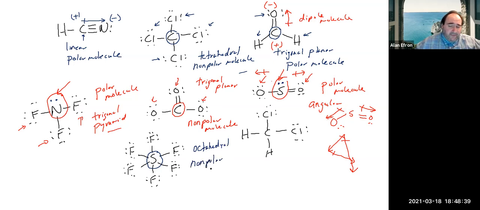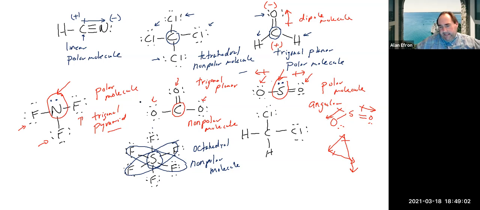Again, in 2-dimension, not really drawn perfectly in terms of where they're all located, but almost. You kind of think like these guys are sort of opposite of each other. These guys are opposite of each other, and then obviously the up and down would be opposite of each other in sort of 3-dimensional space. So because they're all fluorines, they're all going to kind of be pulling equally and canceling out.